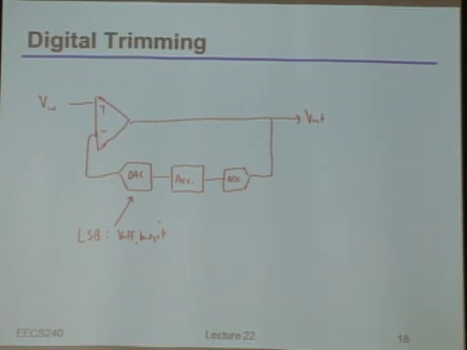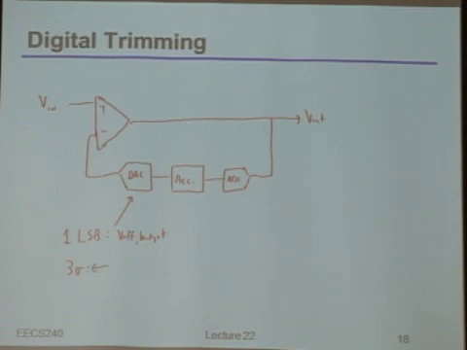Okay, so that tells us how big the step needs to be, but how many of those steps do you actually need? Yeah, exactly. You need to be able to cover whatever the full range of offset is. So as an example, let's just say you wanted 99 percent, or whatever percentage yield 3 sigma translates into.